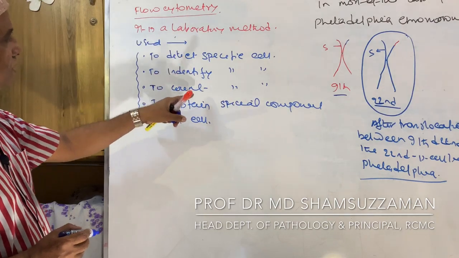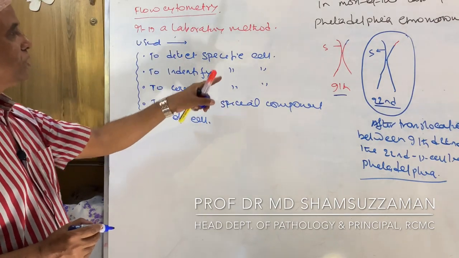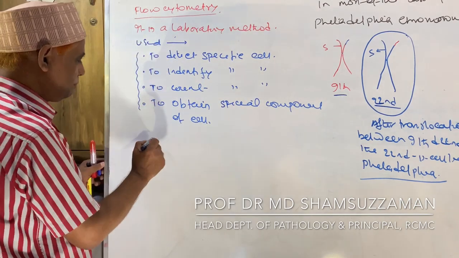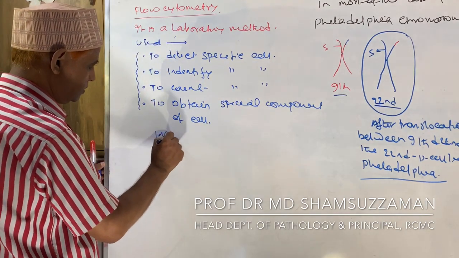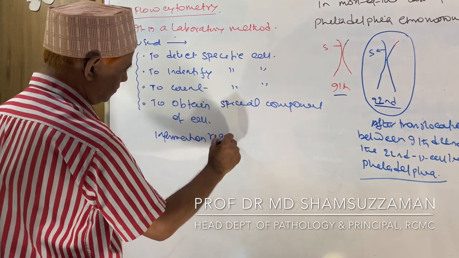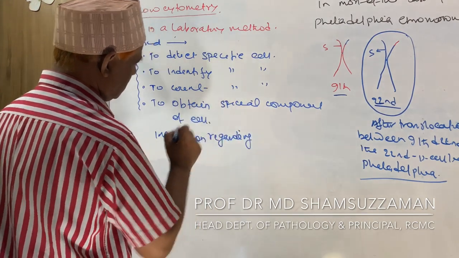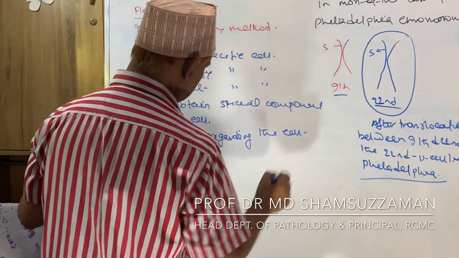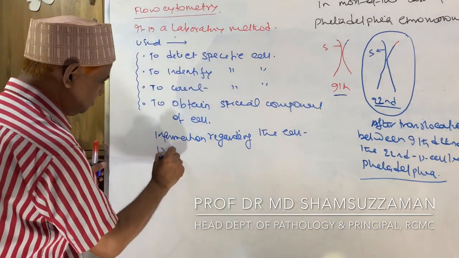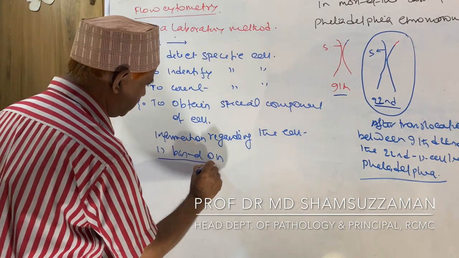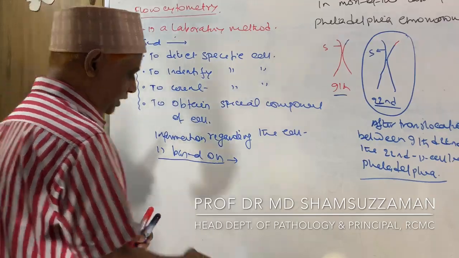So all the information regarding the cell is based on two things.